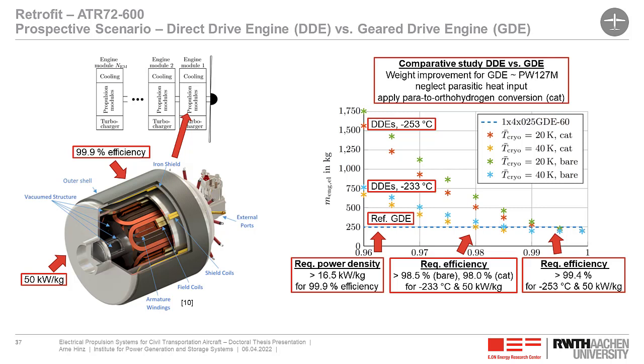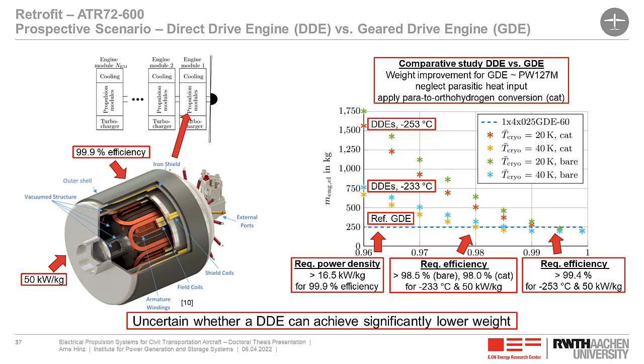With this, we get an equal weight of the direct drive engine as with the gear drive engine. For decreasing efficiency ratings, the power density figure will rise. So to conclude this, it's rather uncertain whether a direct drive engine can actually achieve a significantly lower weight than a gear drive engine.